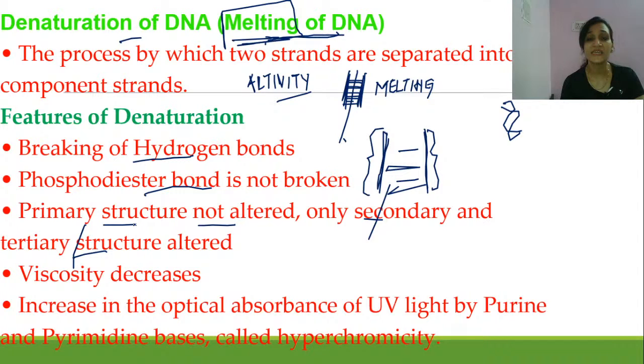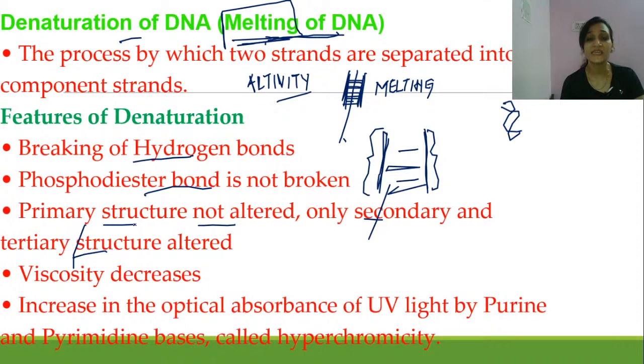But the primary structure, the base sequence, which base will be present in the sequence, will not be changed by the denaturation of DNA. Viscosity decreases, definitely, when we are saying that there is something related to melting. So whenever there are hydrogen bonds in certain things and they are heated, the viscosity goes down, the thickness goes down. Then UV light. What will happen with the UV light?